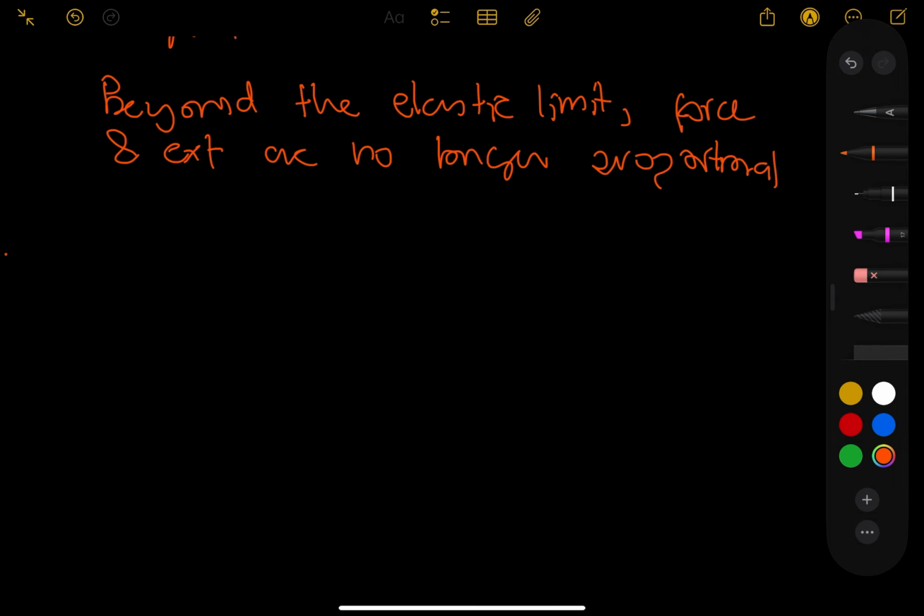So our last little part of this subunit is spring combinations. You could have springs in parallel, you could have springs in series, and you could also have the energy stretched in a spring.